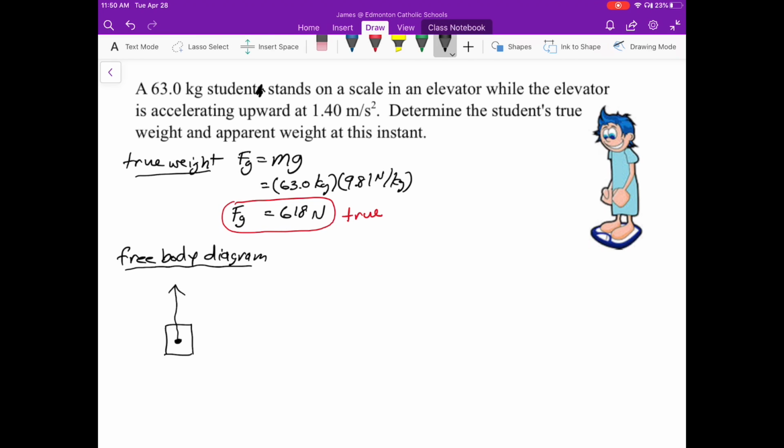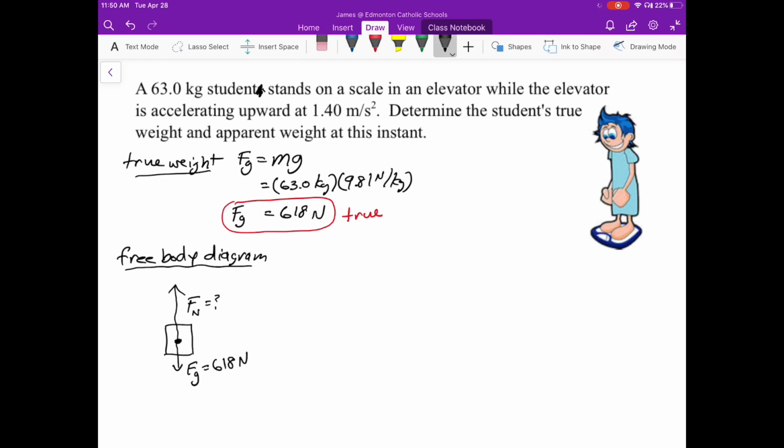That means that the force pushing up, which is a normal force exerted by the scale, that's what we're trying to find, so that's going to be the reading on the scale, is greater than the student's weight. Notice I drew that arrow longer. The normal force is longer than that gravitational force, indicating unbalanced forces. And again, from before, we have that 618 newton force like that.